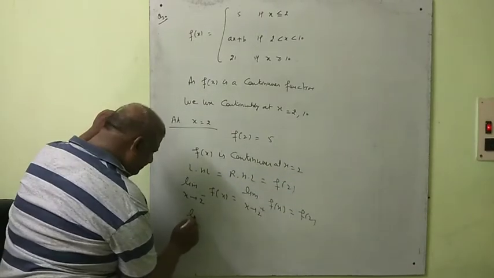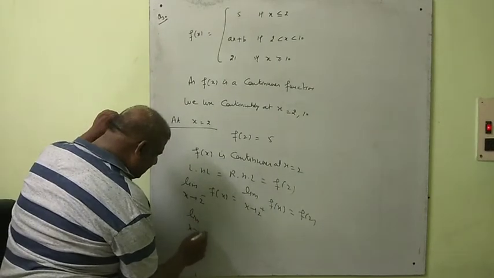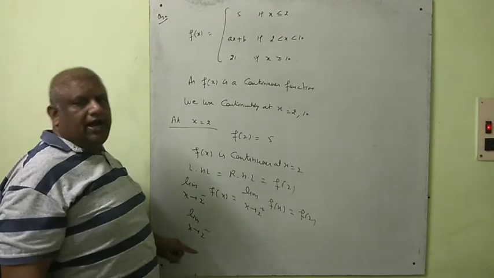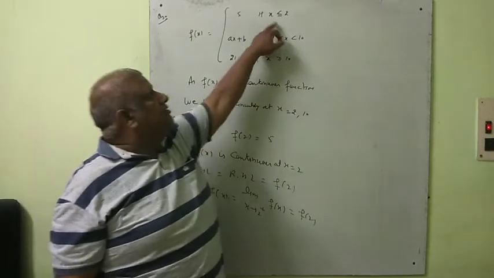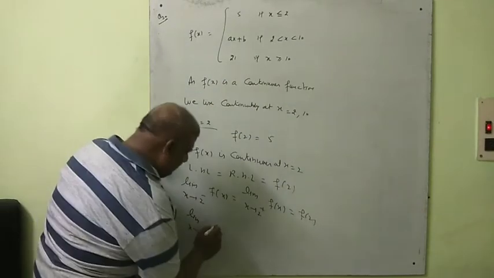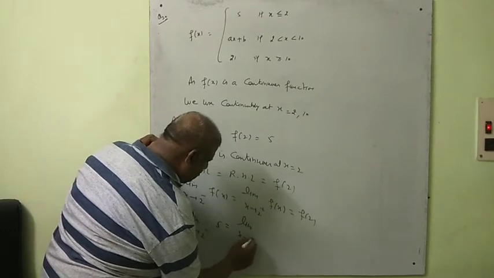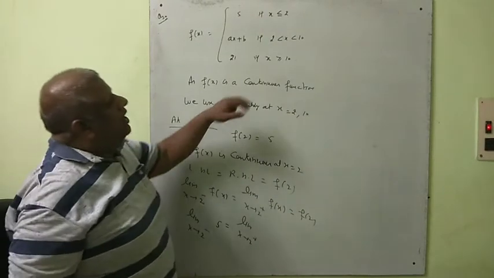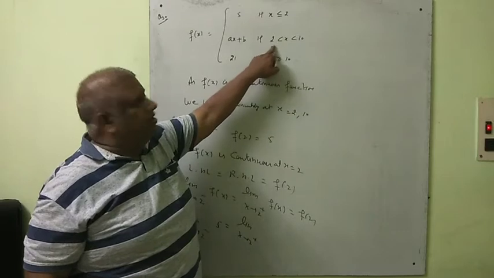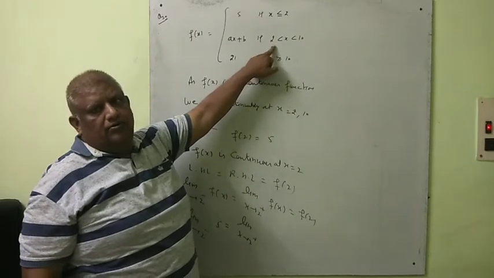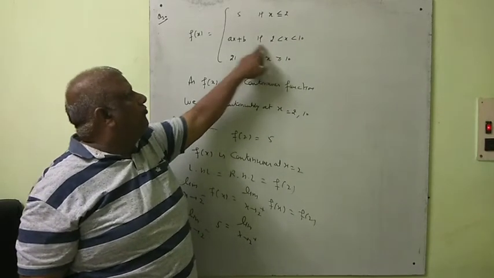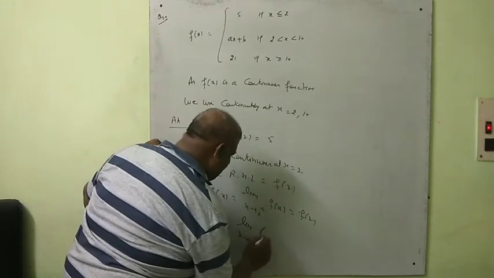Limit x tends to 2 minus, x is less than 2. For x less than 2, value of the function is 5. Limit x tends to 2 plus, x is greater than 2, just greater than 2. For x just greater than 2, function is ax plus b.